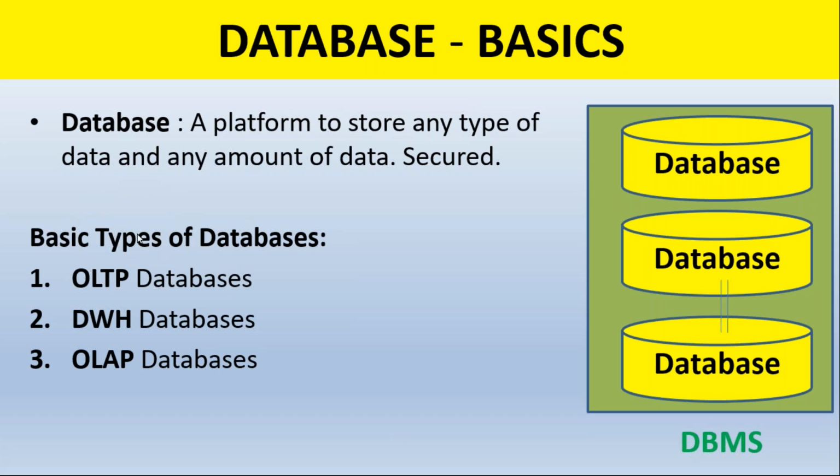Basic types of databases like OLTP, data warehouse, OLAP. 3 different database types are involved. Out of these 3, first 2 are very important for you and me, data engineers.